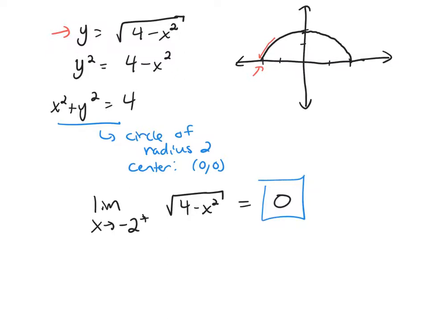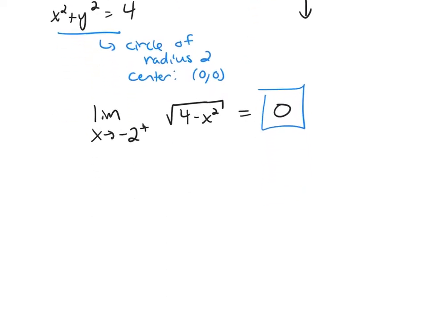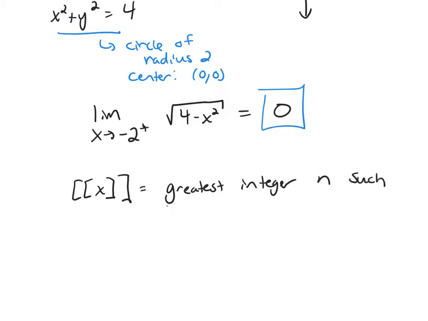Let's look at one more example here. Before I do that, let's define this new object with these two square brackets. It's equal to the greatest integer n such that n is less than or equal to x.